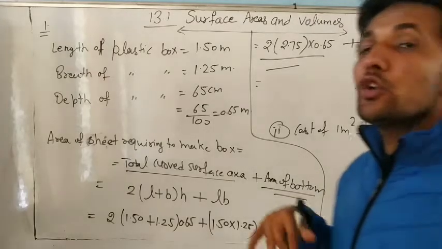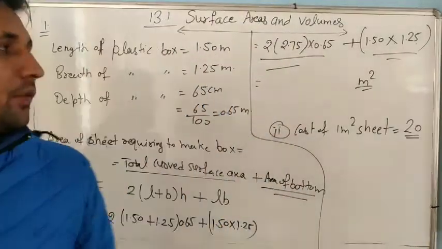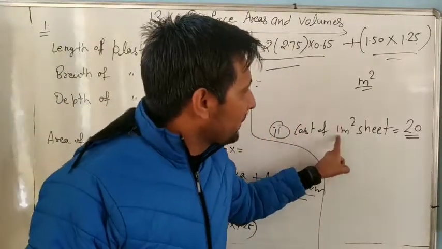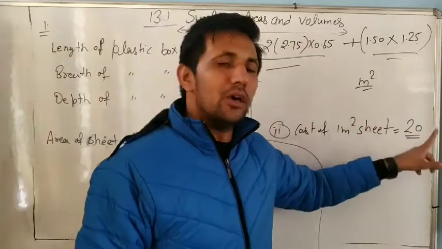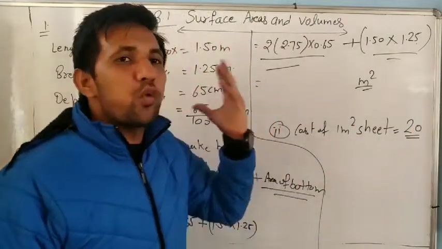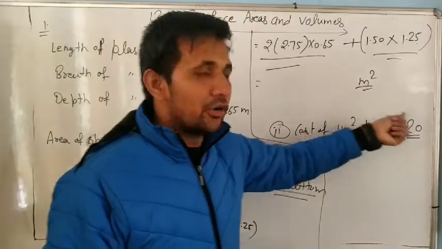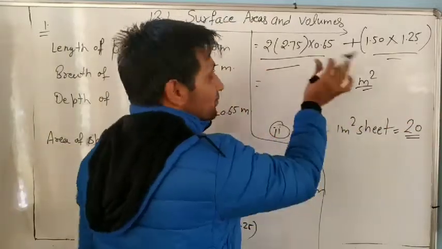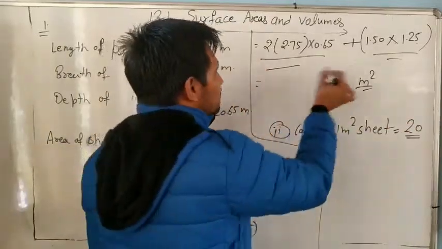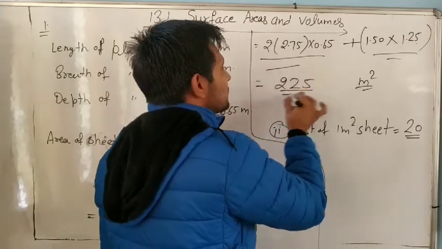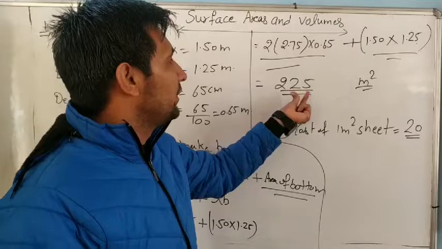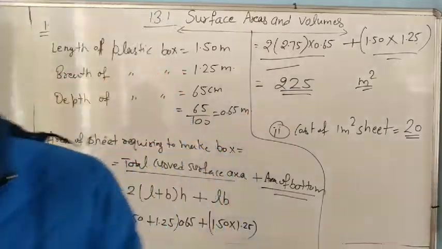But we have to find total cost, and how will you find total cost? If cost of 1 meter square is 20, cost of 2 meter square is 2 into 20, cost of 5 meter square is 5 into 20, and suppose area comes 225, only suppose, it is not the answer.